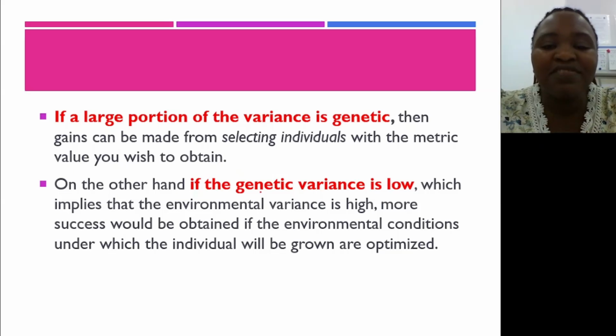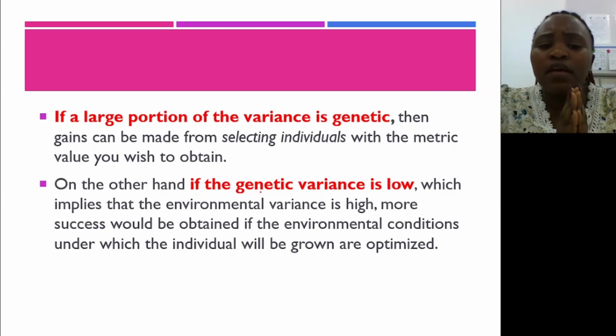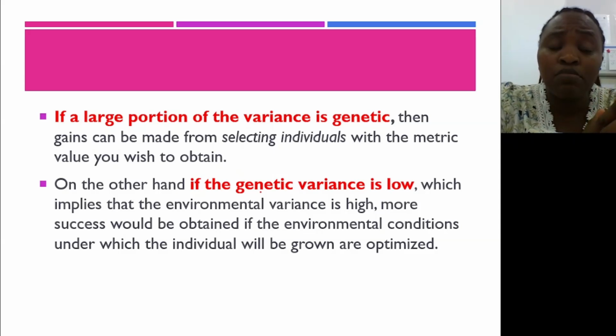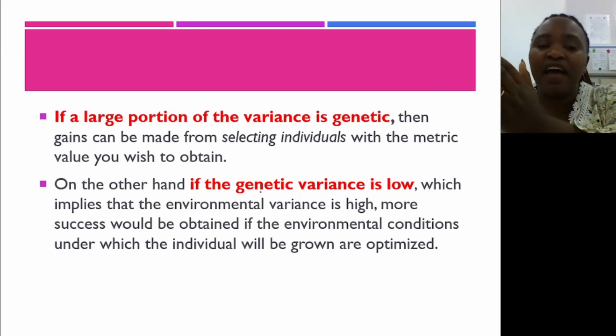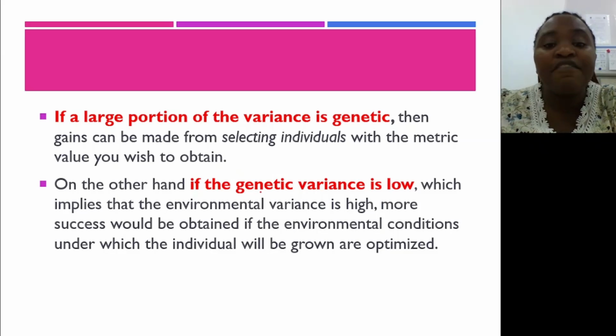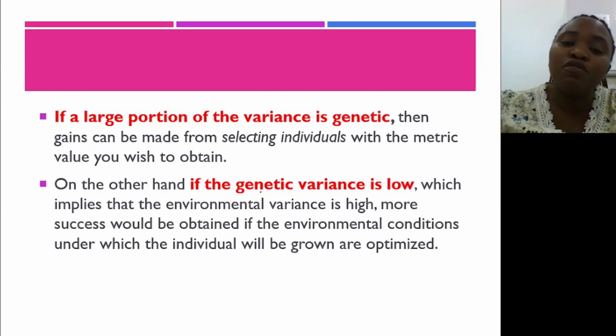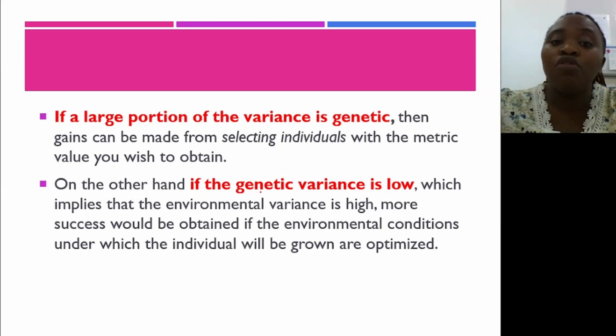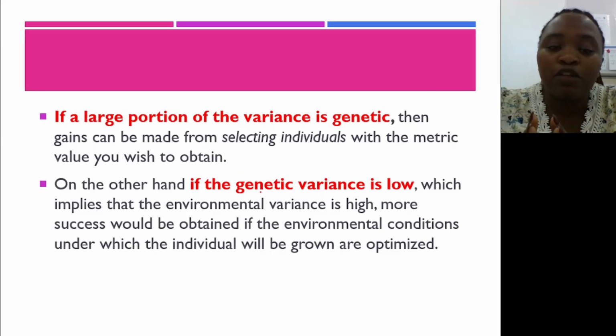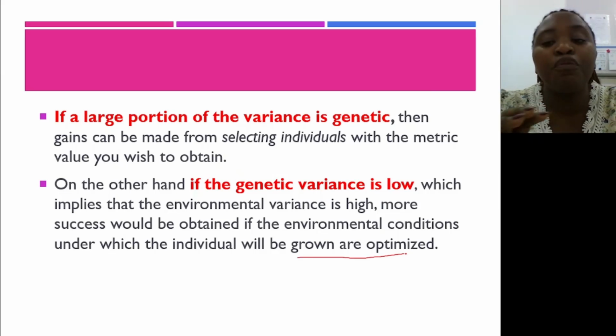On the other hand, if genetic variance is low, and the weight of, let's say, a cow is not attributed to genetics as much as to environmental factors, then to get the animal with the most weight you check which are the best environmental conditions under which this individual can be grown, so that you optimize that.